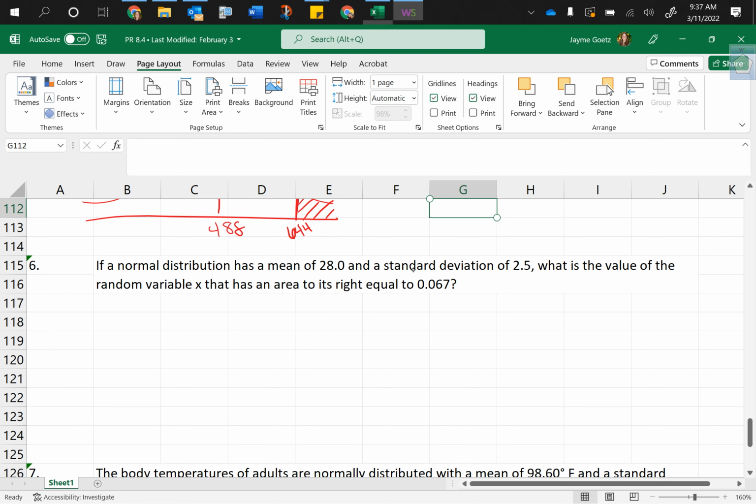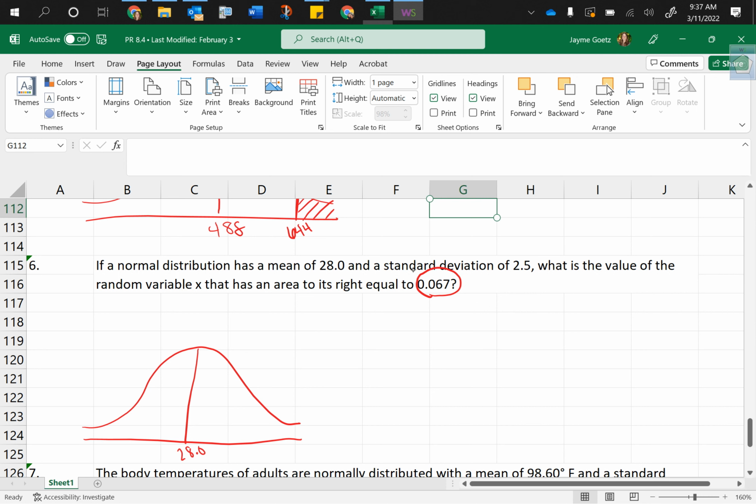So I want you to think about this. An area to the right of 0.067, is that a really big number or not? No, that's a really, really small number. What would that be as a percentage? They're saying there's only 6.7% to the right. So that's going to be over here, and is it going to be closer to the mean or further away? Yeah, it's going to be even further away than the problem we just worked on.